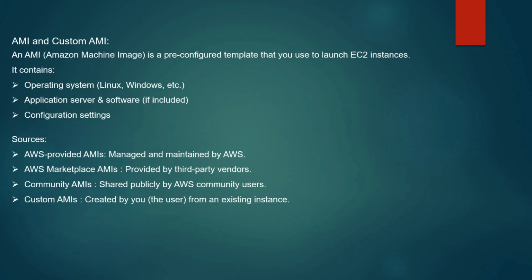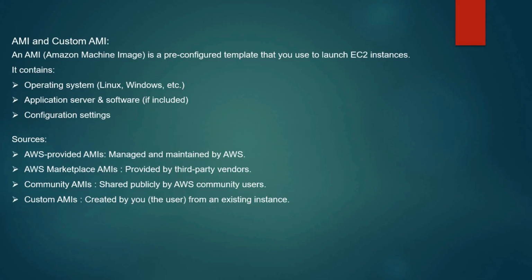For example, Linux and Ubuntu server are managed and maintained by AWS. When you are launching the instance, you will come across one category called AMI. In that AMI, there will be many images, Linux, Windows. Those images are maintained and managed by AWS.